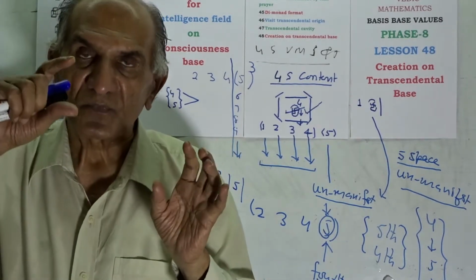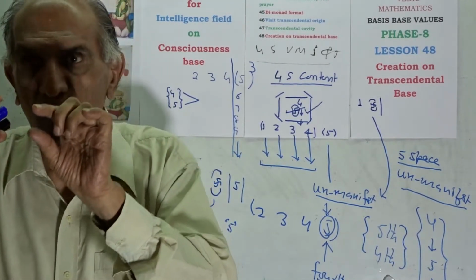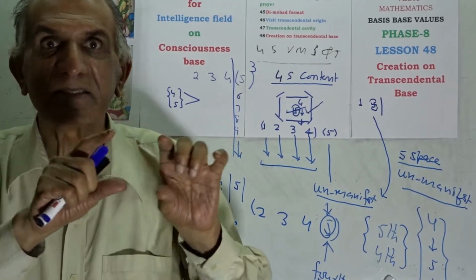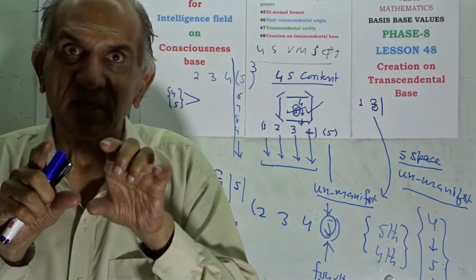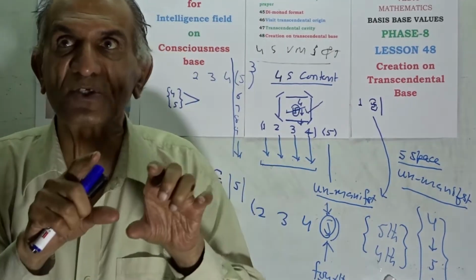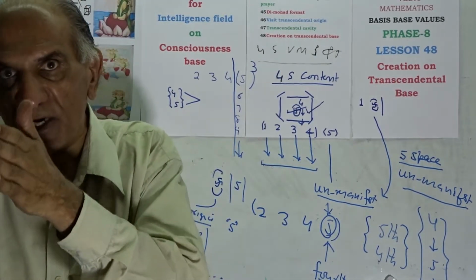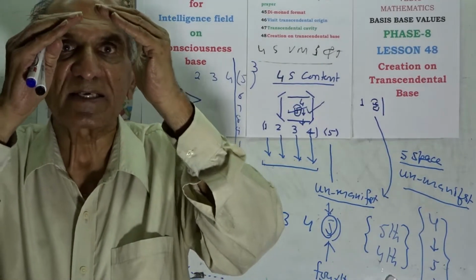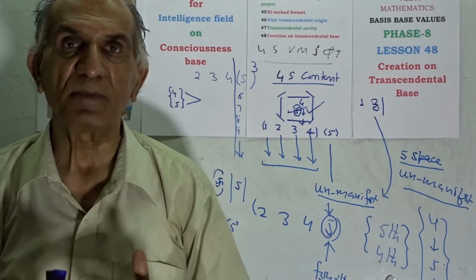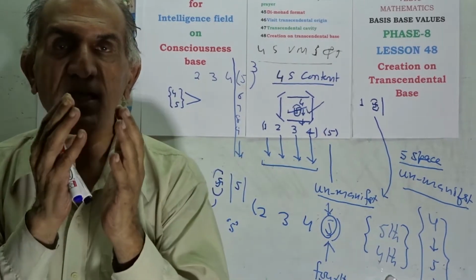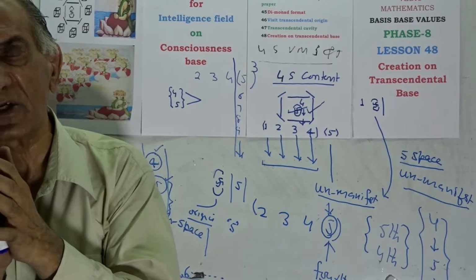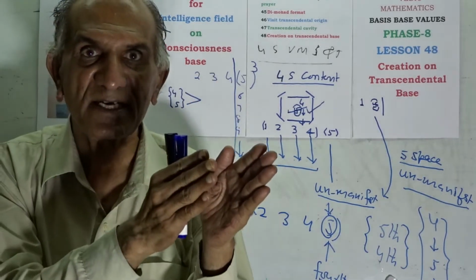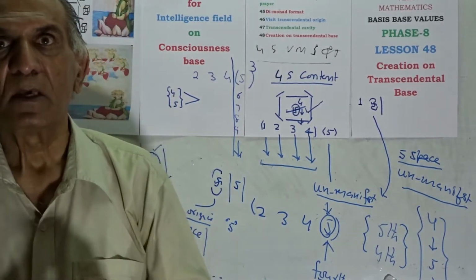Therefore, 5 space in the role of origin means the transcendental origin. This transcendental origin, because of its solid order, is providing us a solid pillar, compactification pillar format, and it being fire being the third element, therefore it becomes a transcendental fire pillar.